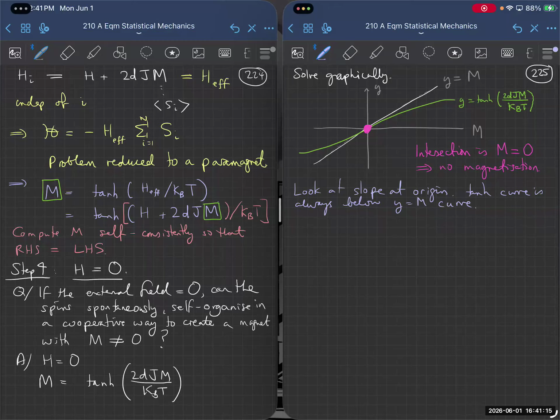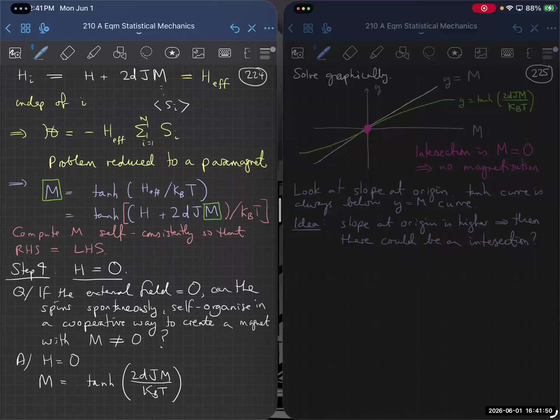So you might say, well, maybe if the slope at the origin was greater, then there would be an intersection. Okay, so that's a good idea.